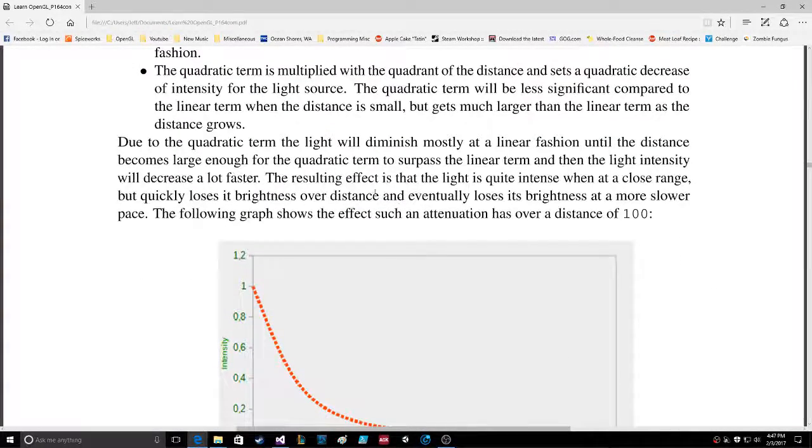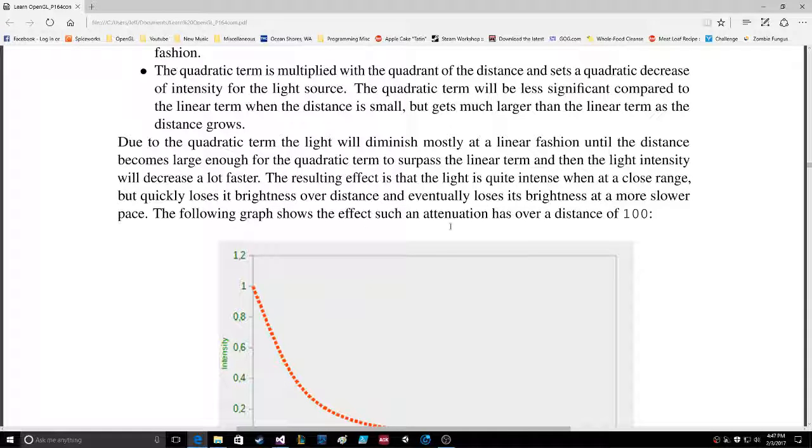Due to the quadratic term, the light will diminish mostly in a linear fashion until the distance becomes large enough for the quadratic term to surpass the linear term, and then the light intensity will decrease a lot faster. The resulting effect is that the light is quite intense when at a close range, but quickly loses its brightness over distance and eventually loses its brightness at a slower pace.